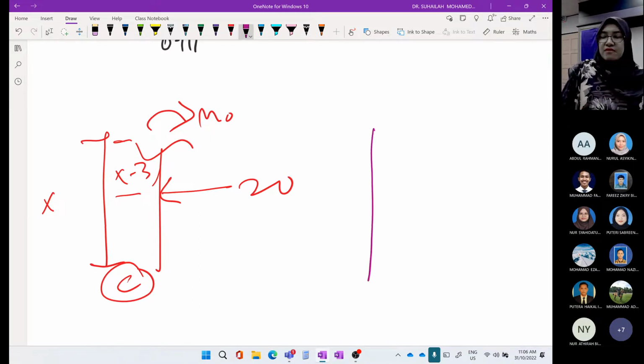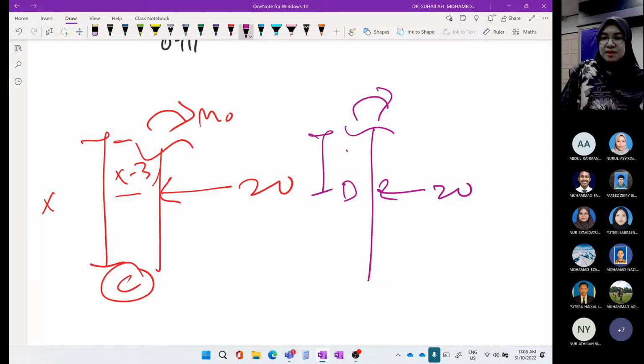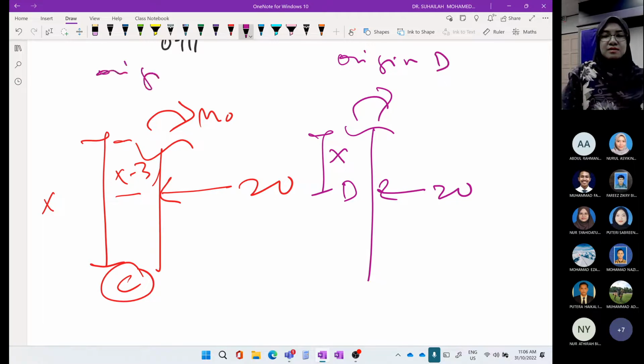Kalau origin start from D, sini 20. Sini D kan. Origin start from D means X kat sini. So yang ni origin D. Ini origin C.